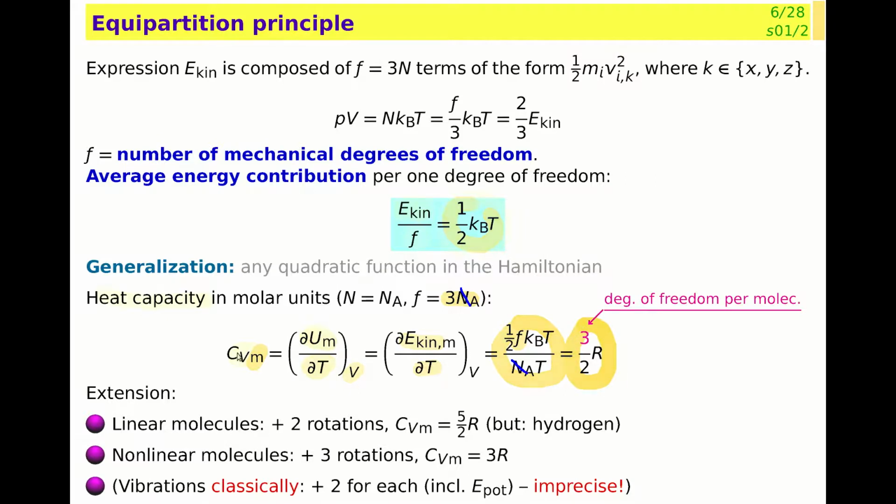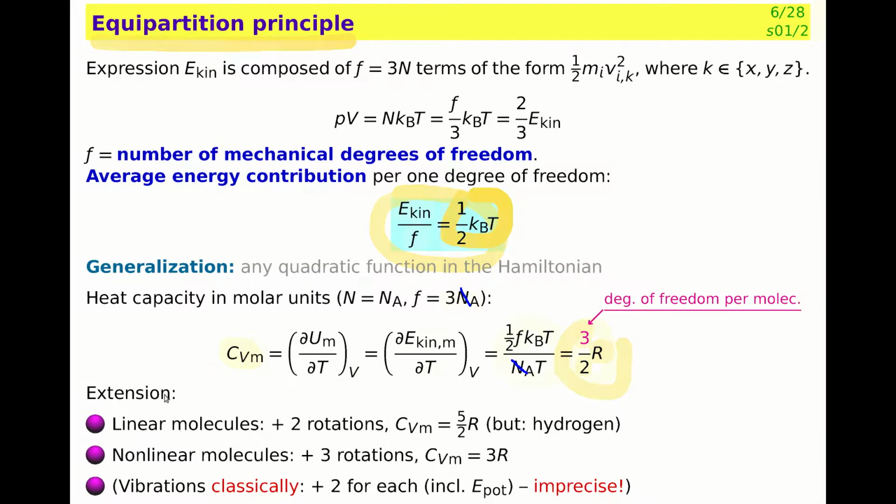That is, the molar heat capacity of monoatomic ideal gas is 3/2 of the gas constant. This formula or this formula, they are equivalent, are called the equipartition principle. It says that all degrees of freedom have on average the same energy, and we have calculated this energy contribution.